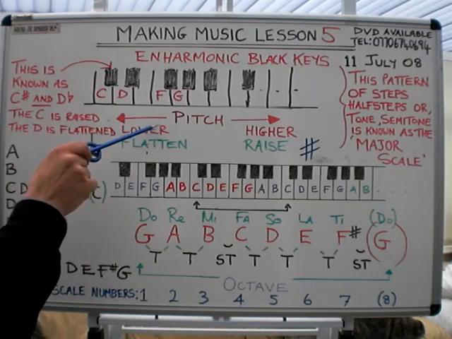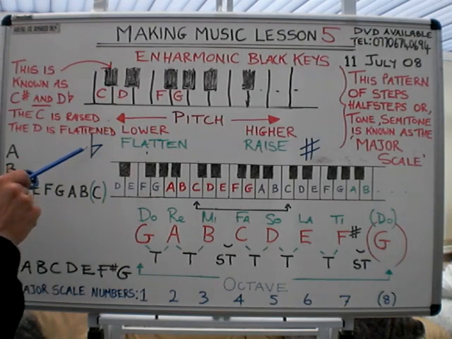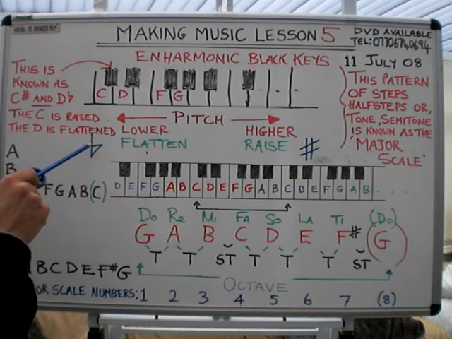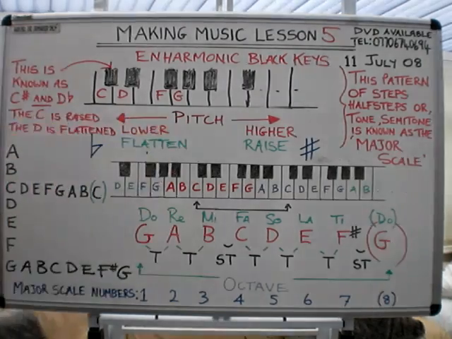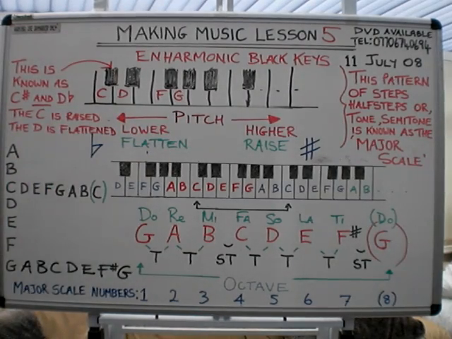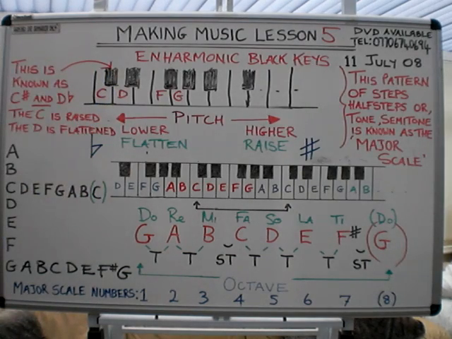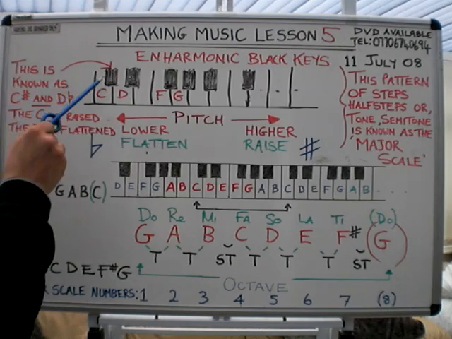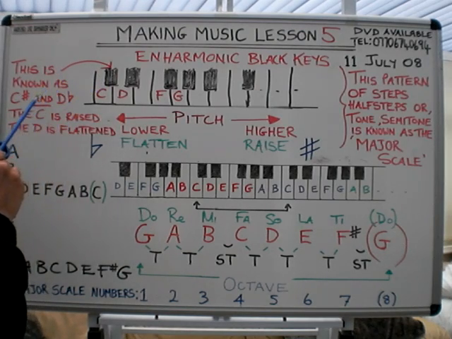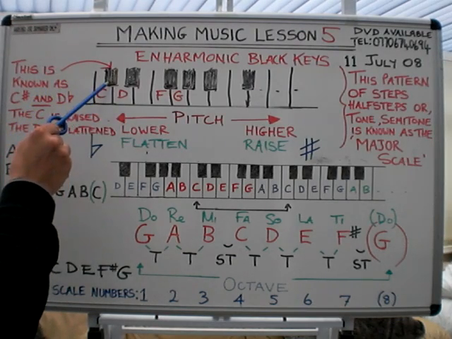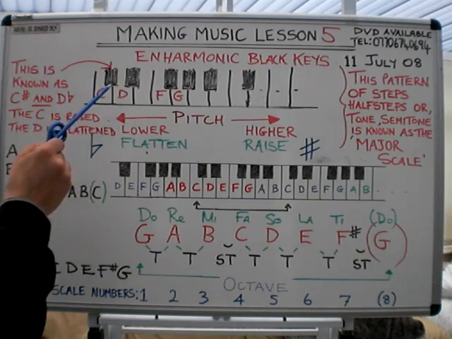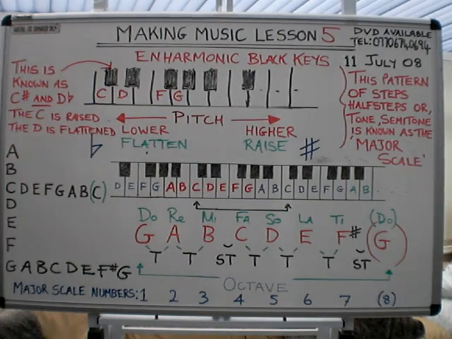Lower in pitch becomes flattened, and we use this symbol to represent something that's flattened. So this here is enharmonic. It's a shared black key between the C and the D, and it's known as either a C sharp or a D flat, depending on how we're using it.